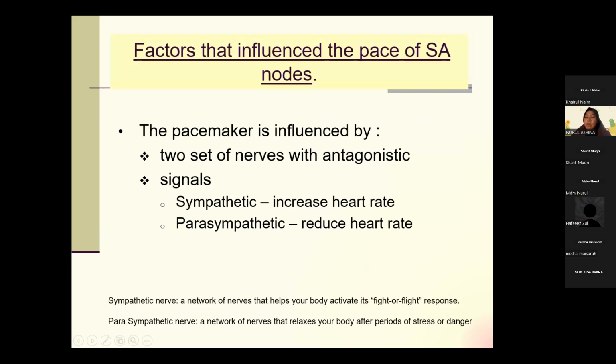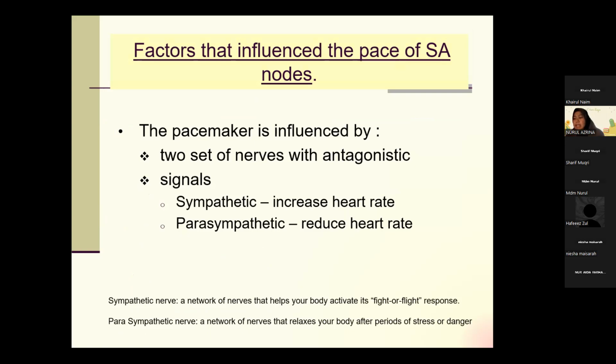All right. What factors influence the pace of the SA node? Meaning, what factors influence the rate or pace, what is pace? Like the work of the SA node, right? Like how much it sends signals so that your heart can contract faster or slower. Alright, so what are the factors that influence the pace of the SA node?